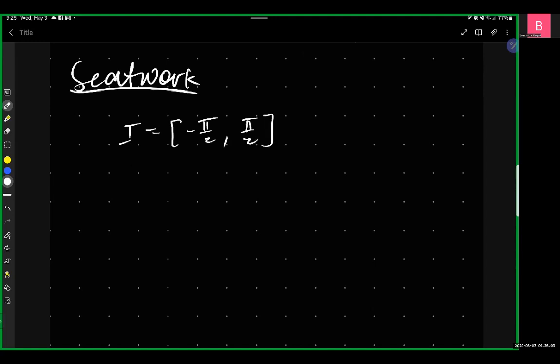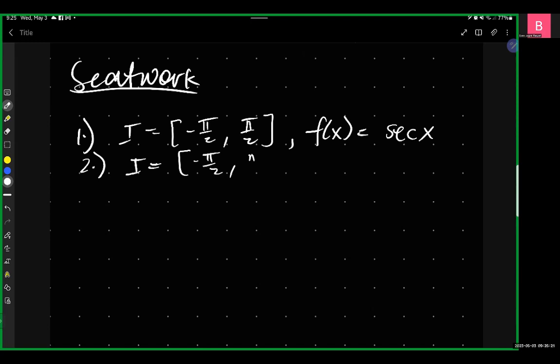And then the function is, so this is number 1, f of x equals secant of x. And then number 2, the interval is negative pi over 2 and pi over 2, where the function is cosecant of x. The number 3, the interval is 0 and 1.